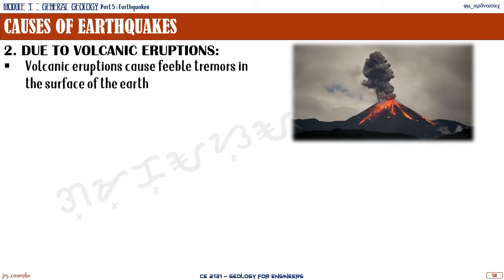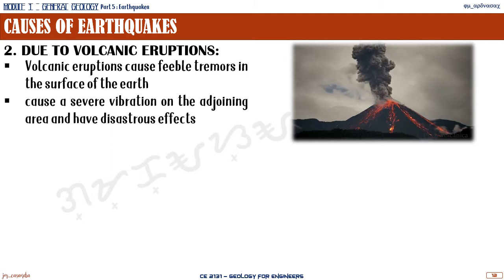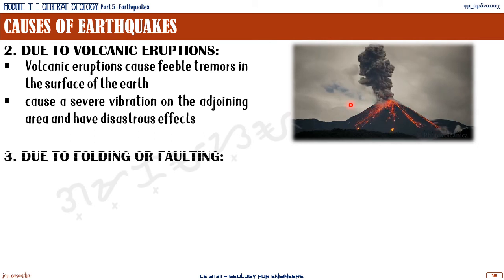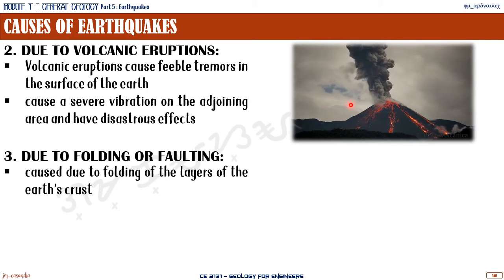So volcanic eruptions would cause feeble tremors in the surface of the earth and would cause severe vibrations on the adjoining area and would usually have disastrous effects, since aside from the earthquake, there would also be lava flow that you have to consider when there are volcanic eruptions, as well as the pyroclastic emissions and the ashes. Okay? And the most common cause for earthquake is due to folding or faulting. So this is caused due to the folding of the layers of Earth's crust.